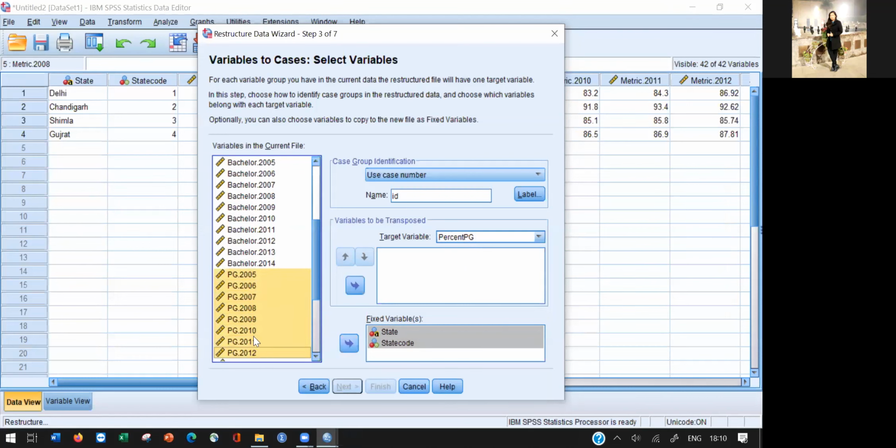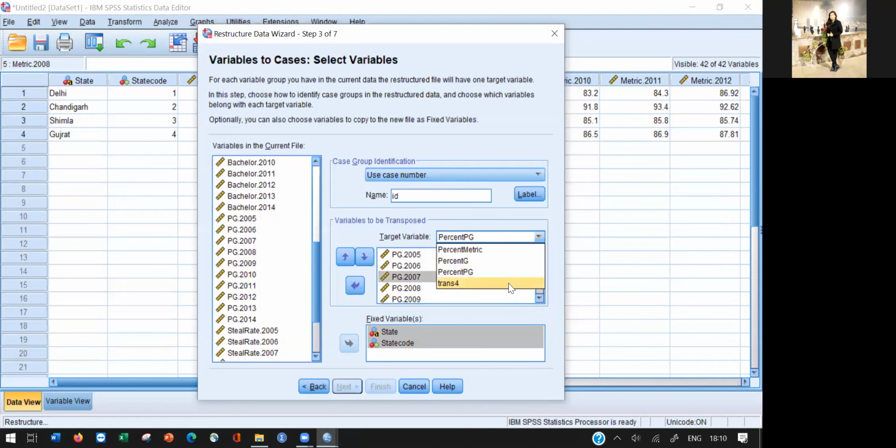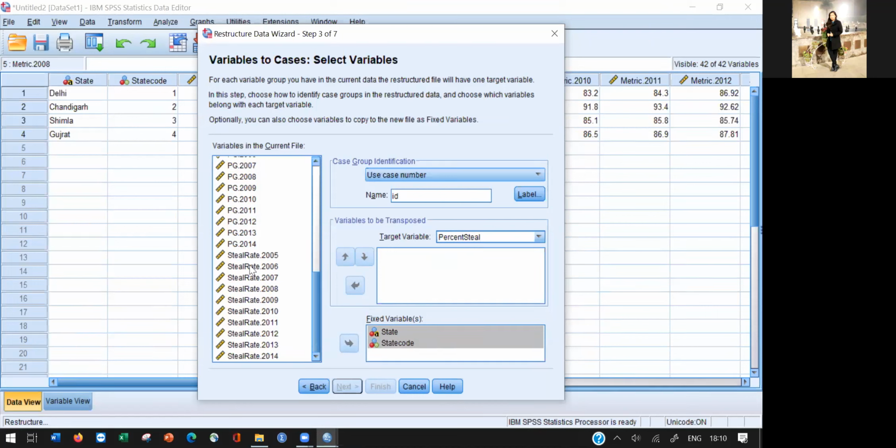So all the PG variables. My next variable is percent steal, which is the theft or the robbery rate.